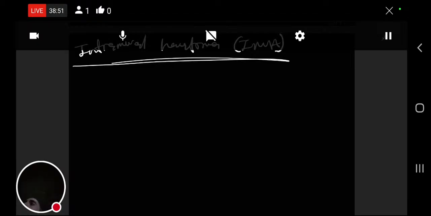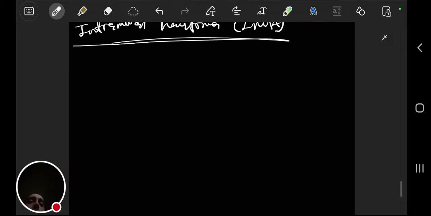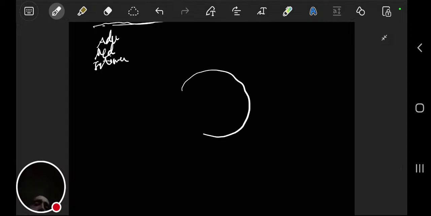Let's continue with it. So intramural hematoma, again, I'm talking especially about the aorta, but let's define how it looks. Or maybe just a minute, let's think about how dissection of the aorta looks on imaging. Let's think about axial imaging of the aorta.